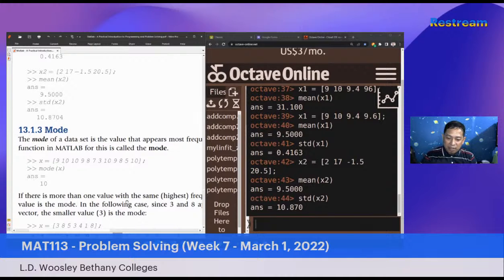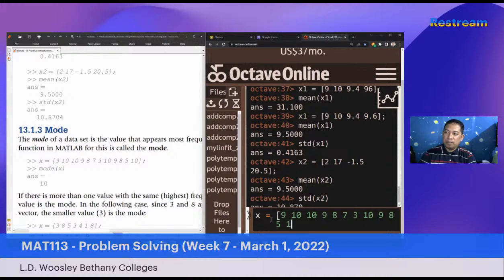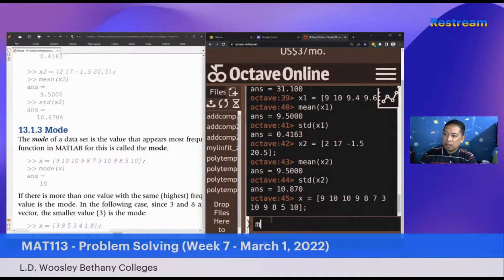For instance, if we'll follow this data set, x is 9, 10, 10, 9, 8, 7, 3, 10, 9, 8, 5, 10, something like that. And we will compute for the mode of x.